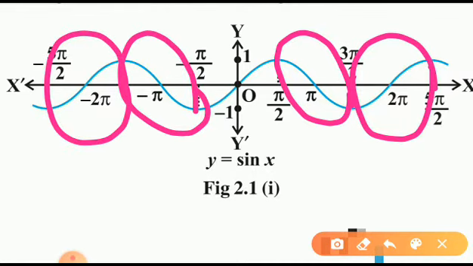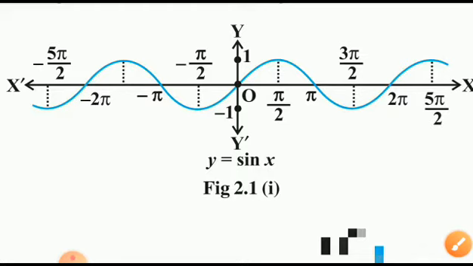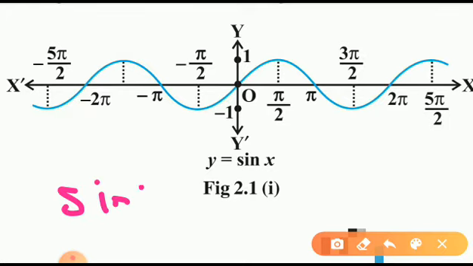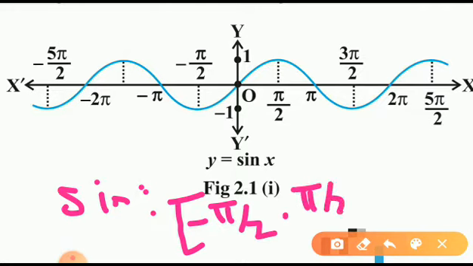So there won't be uniformity. So in order to have uniformity, it is universally accepted that the sine function is restricted to minus pi by 2 to pi by 2 in order to get the inverse. So I can write the sine function here as being from the closed interval minus pi by 2 to pi by 2.